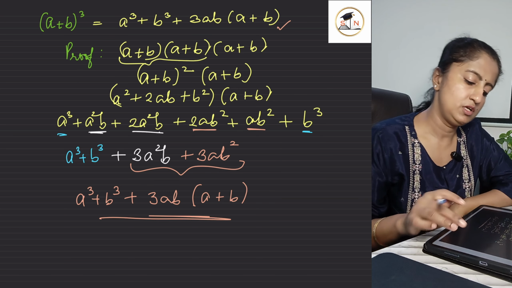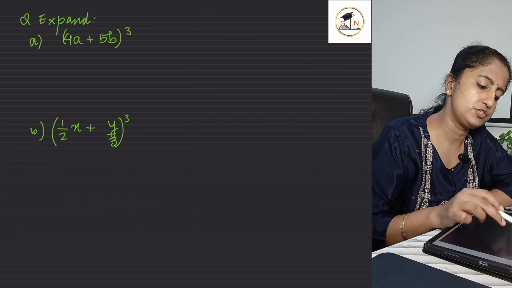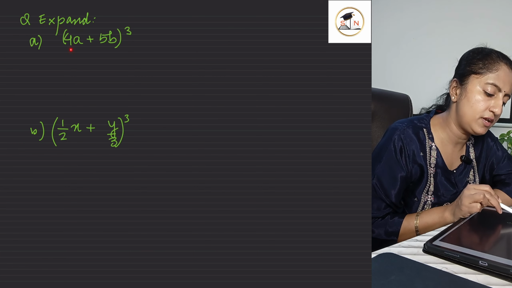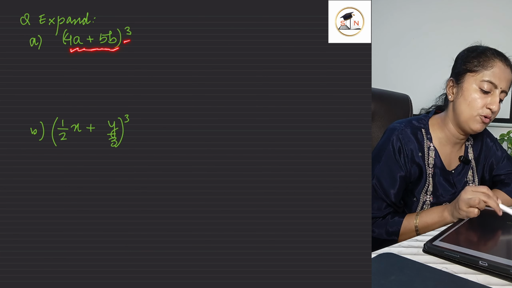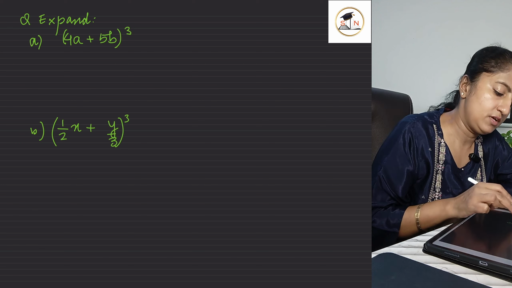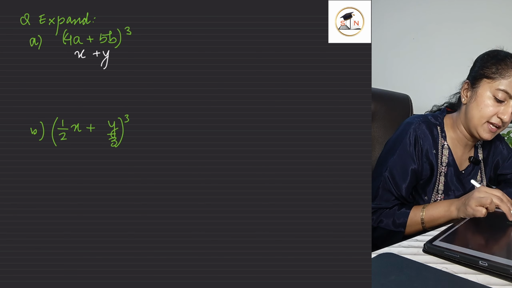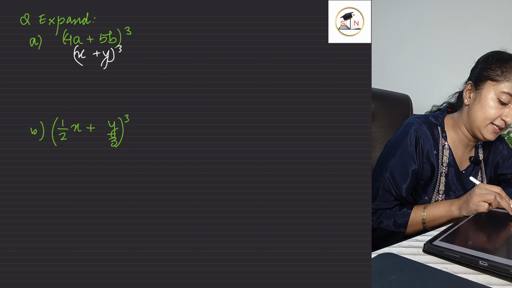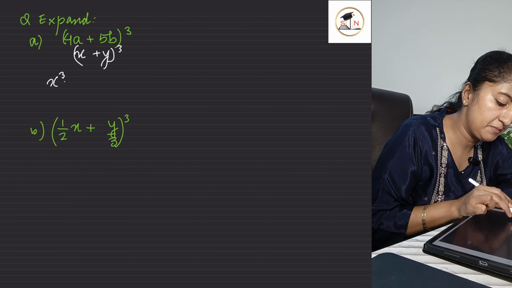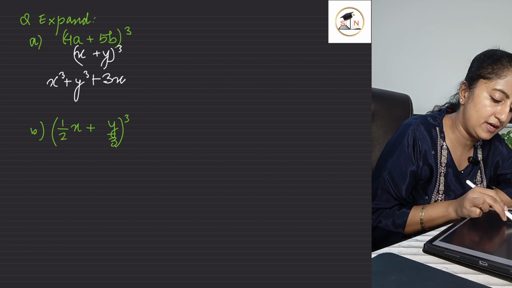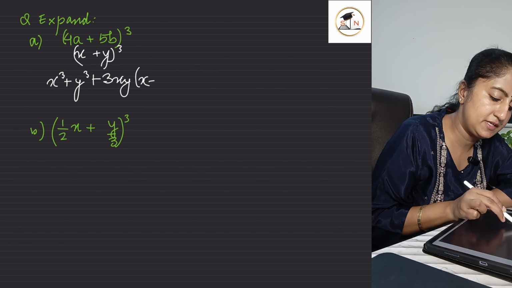Now moving on with the expansion questions. The first question says expand (4a plus 5b) whole cube. Now this is my x and this is my y. (x plus y) whole cube. The identity says x cube plus y cube plus 3xy into (x plus y).